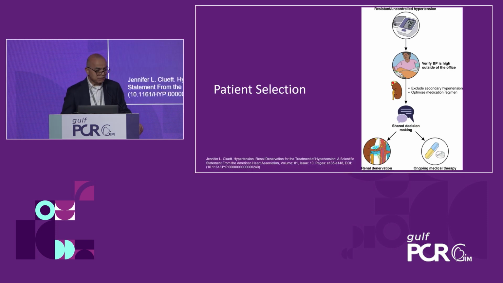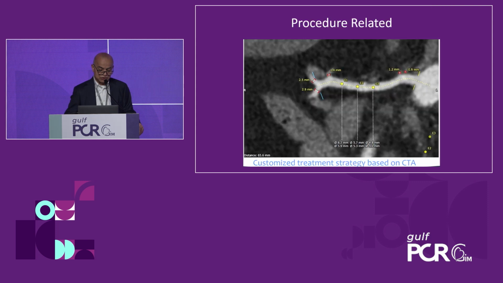Now patient selection: we have guidelines now to address those patients with resistant hypertension, to exclude patients with secondary causes of hypertension, and then you need a multidisciplinary approach, and that's why we need hypertension centers, and to decide whether you need to provide patients with medications or refer them to denervation therapy or a combination of both. So this has to be addressed and formulated for better selection of patients.